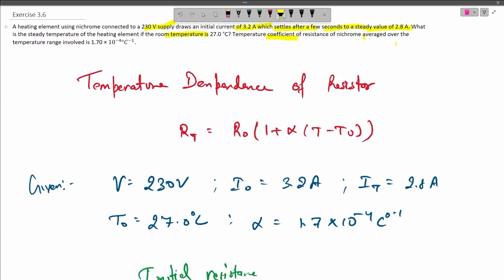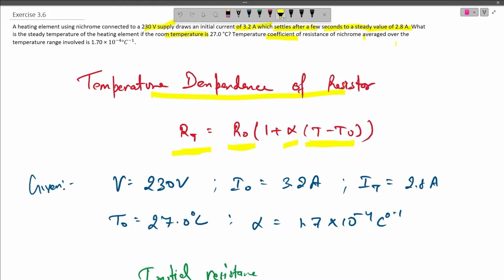Now this question is using temperature dependence of the resistor, which is given by the mathematical formula RT, resistance at temperature T, equals R naught, that is the reference temperature resistance, multiplied by 1 plus alpha, that is temperature coefficient of resistance, multiplied with delta T or final temperature minus initial temperature.